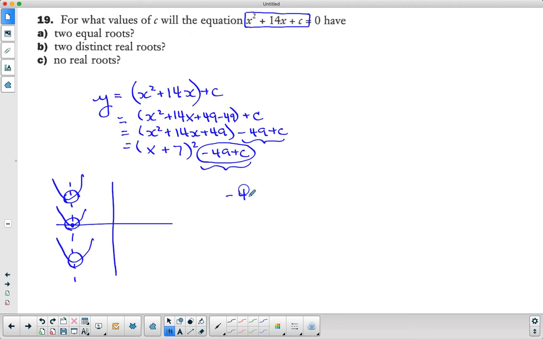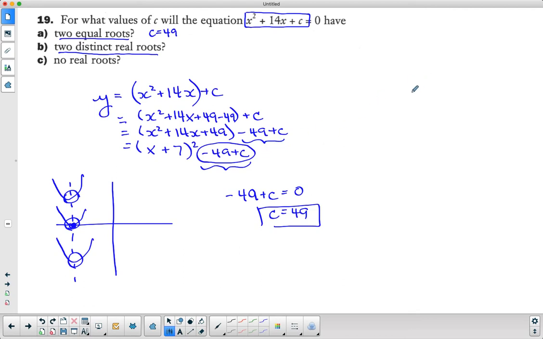So negative 49 plus c has to equal 0, which means that c has to equal 49. And if it's right on the axis, that means it has only one root, or mathematicians are kind of weird about this. They say it actually has two, they're just exactly the same. So they're two equal roots.